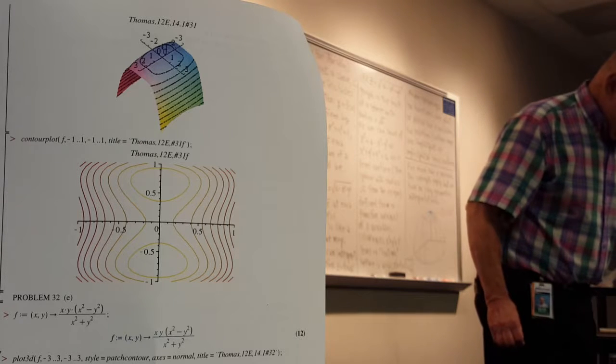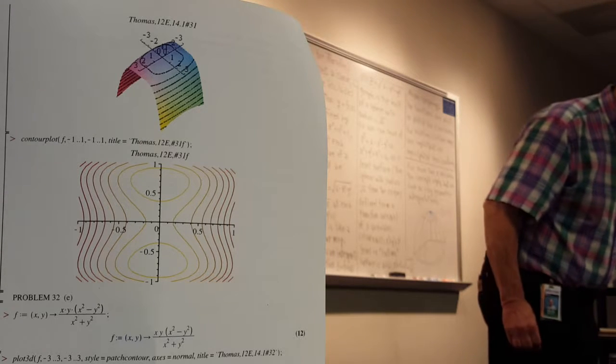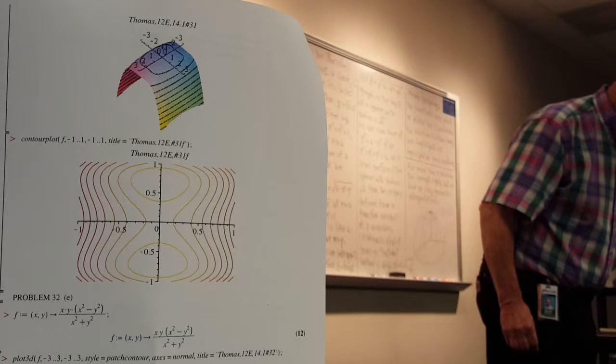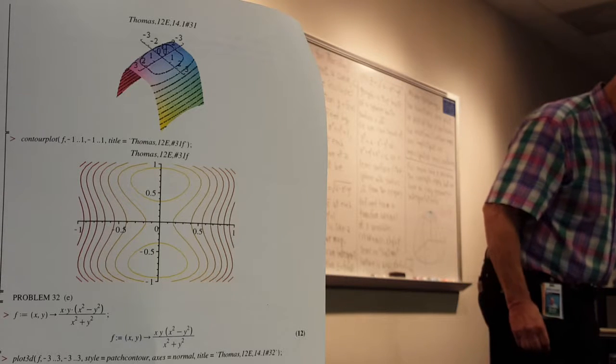So 31F goes with that picture with those contours.